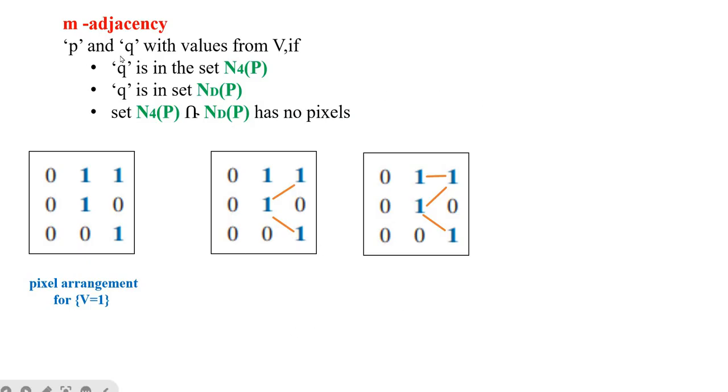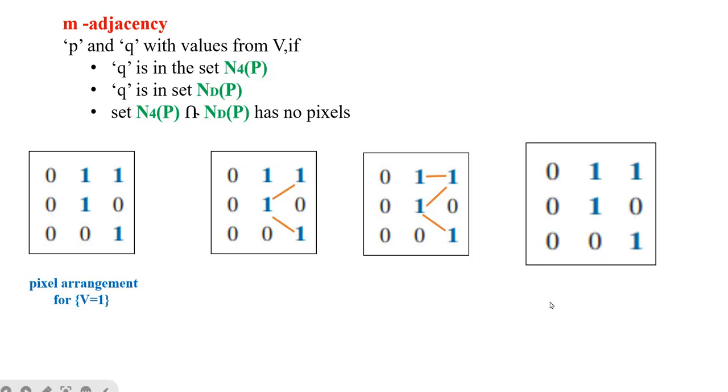So here comes the mixed adjacency. Now we can define what is m adjacency. The rule of m adjacency is that whenever you have to make connections, and there are many ways, that is, it can be connected using 4 adjacency or 8 adjacency, then we need to give priority to the 4 adjacency.